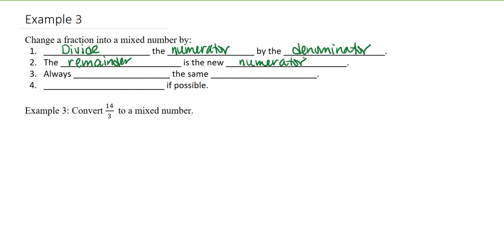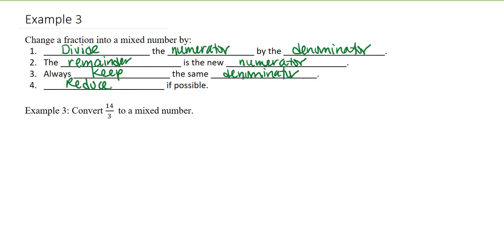And then we're always going to keep the same denominator. And then if possible, we're going to reduce, right? So the denominator may change, but only because we're going to reduce the fraction part.